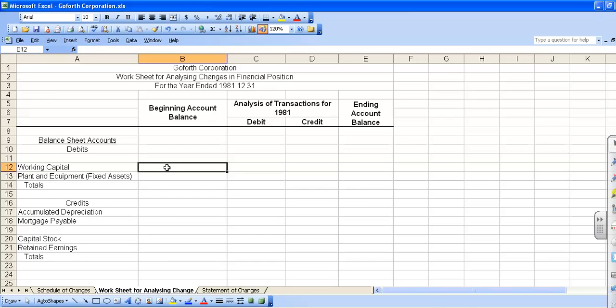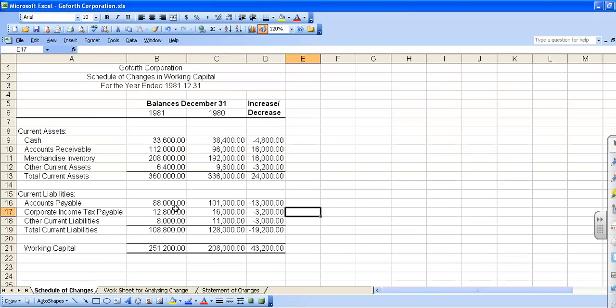And you will find those balances on page 542 in the textbook, except for working capital, which you will find on the schedule of changes.